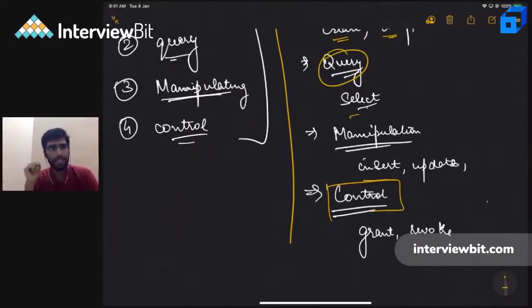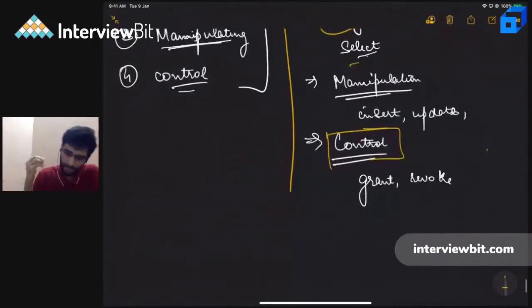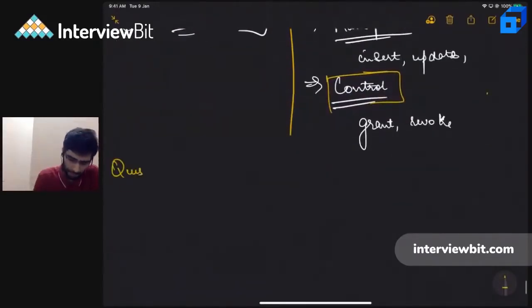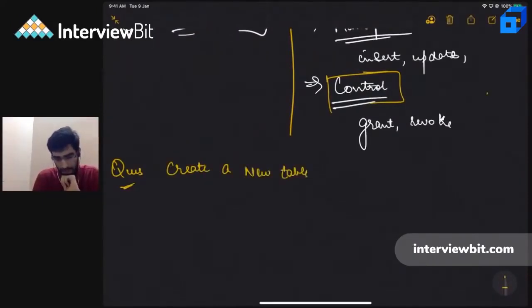Now let us discuss one tricky question that is normally asked in a database interview. The question is: you have to create a new table with the exact data structure of another table.